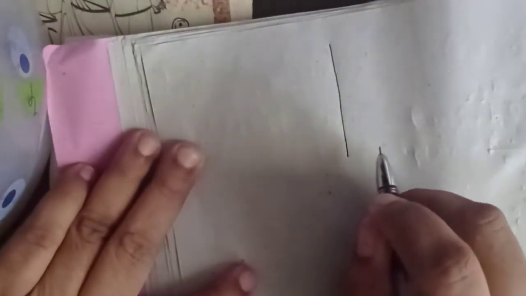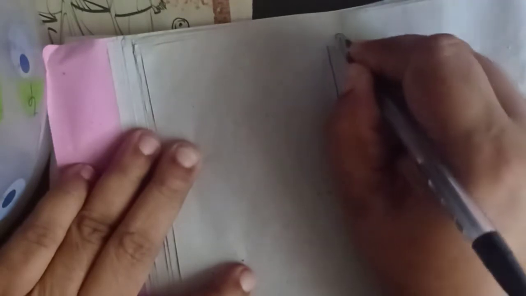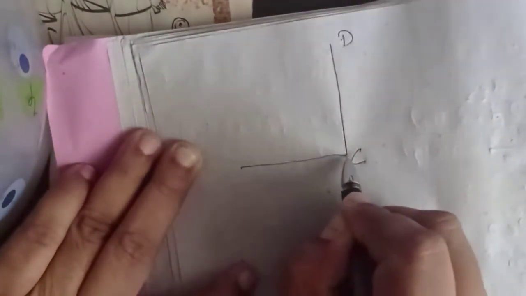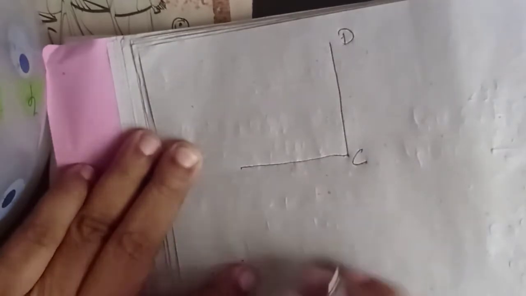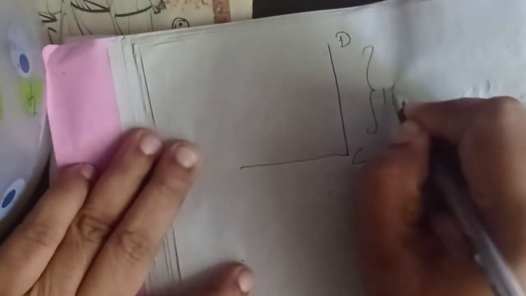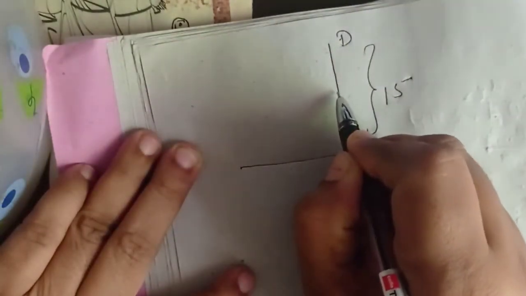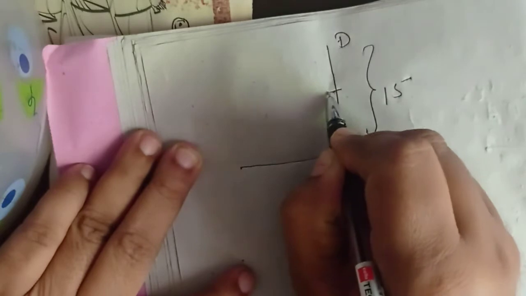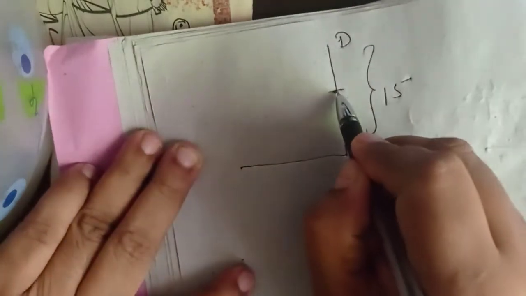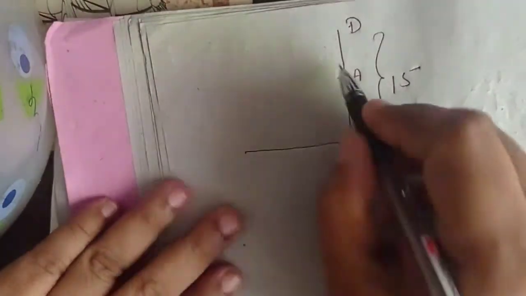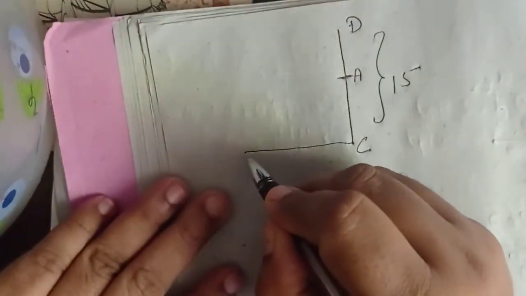Now listen here. Look at the board. The tree is 15 meter high. Understand? And we know that there is a level ground. Now the height of the tree is 15, and due to wind the tree broke. Suppose this A is the position where the tree broke.